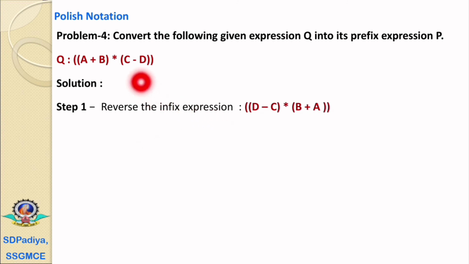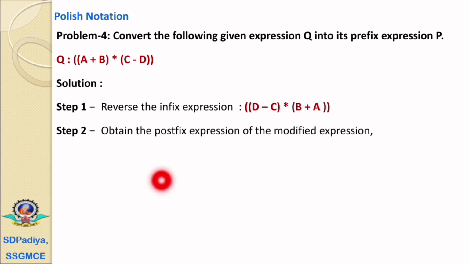Therefore the reverse expression of this: the close parenthesis becomes the open parenthesis, then D minus C, and this open parenthesis becomes the close parenthesis, then the multiplication symbol, then this close parenthesis becomes the open parenthesis, B plus A, and the close parenthesis. It is the reverse expression of the given infix expression.